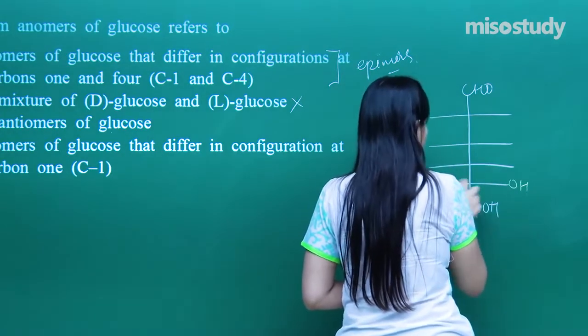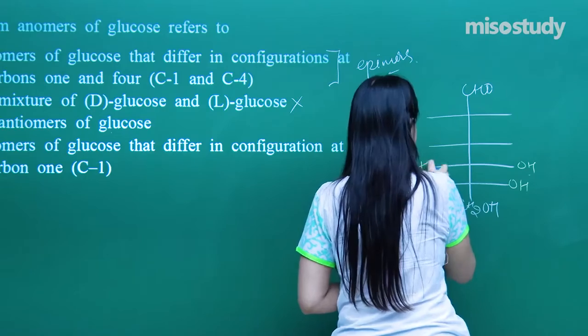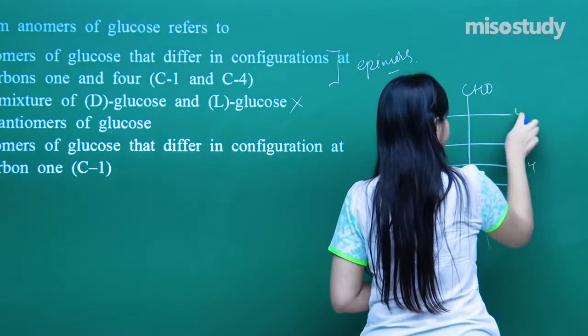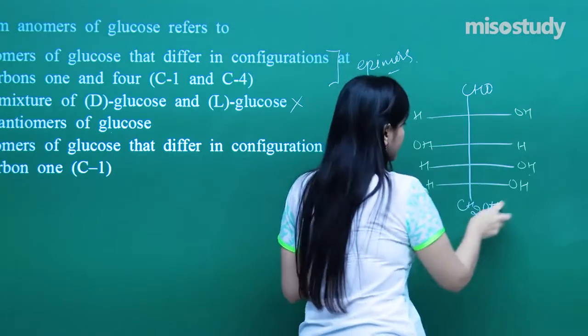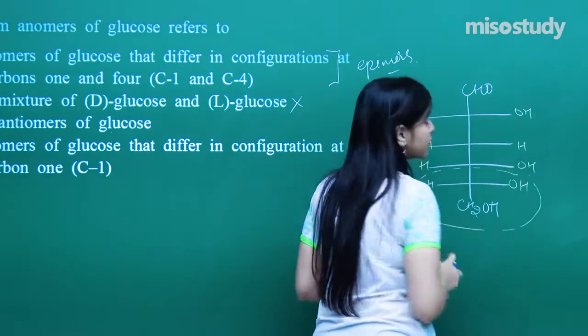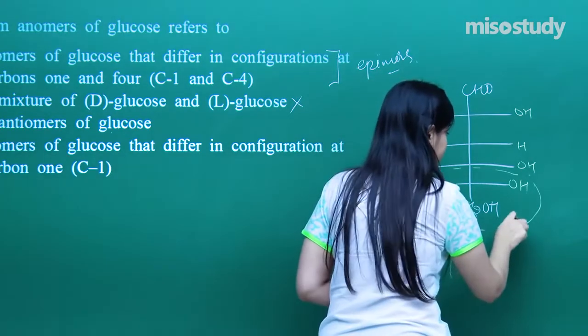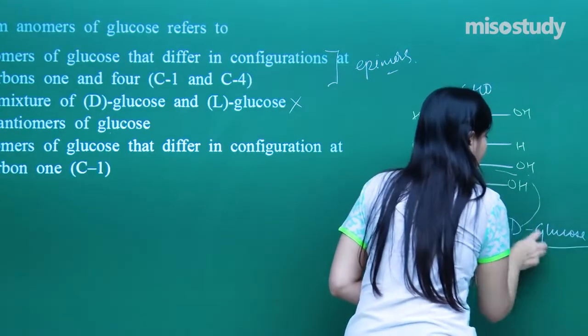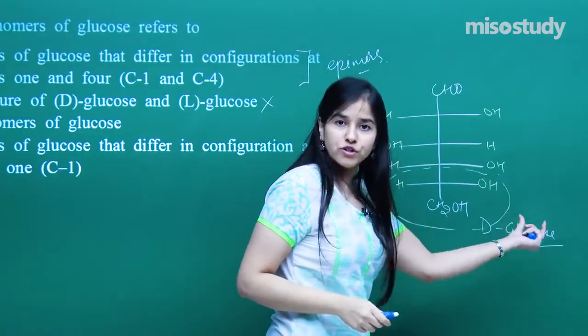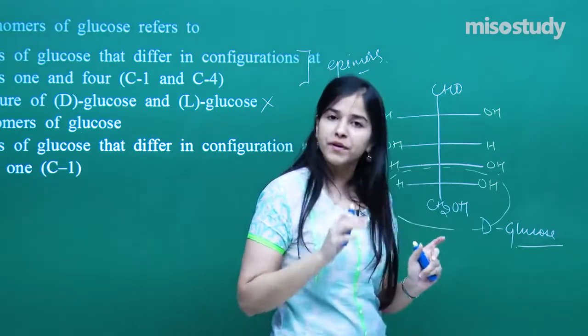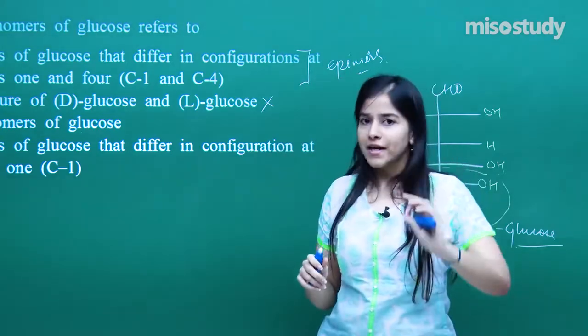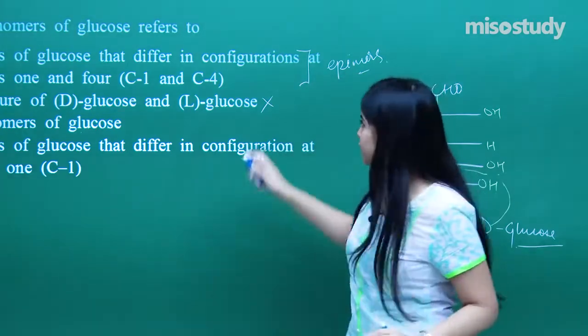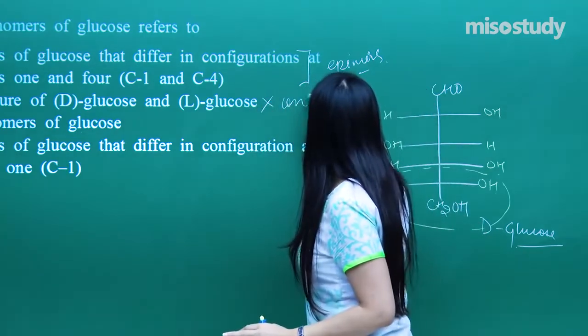In order to have a proper configuration, here I would like to represent that this is D-glucose. And what if I have this OH towards the left? Then it would be L-glucose. It is not an anomer but a proper configuration. So here it is a configuration.